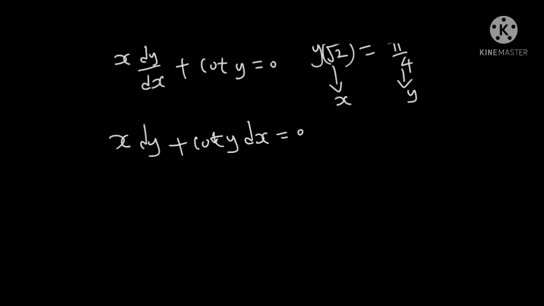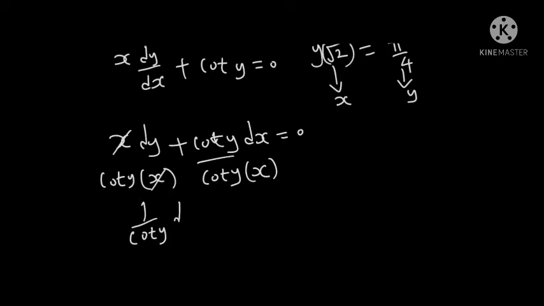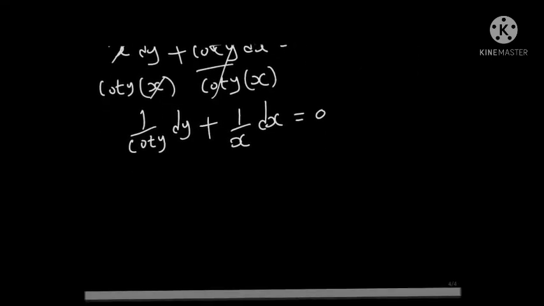Now, we can divide by cot y and at the same time by x. x and x will cancel, so we have 1 over cot y dy plus, cot and cot will cancel, so we have 1 over x dx equals 0. Since we have separated the variables, we can now integrate both the terms.